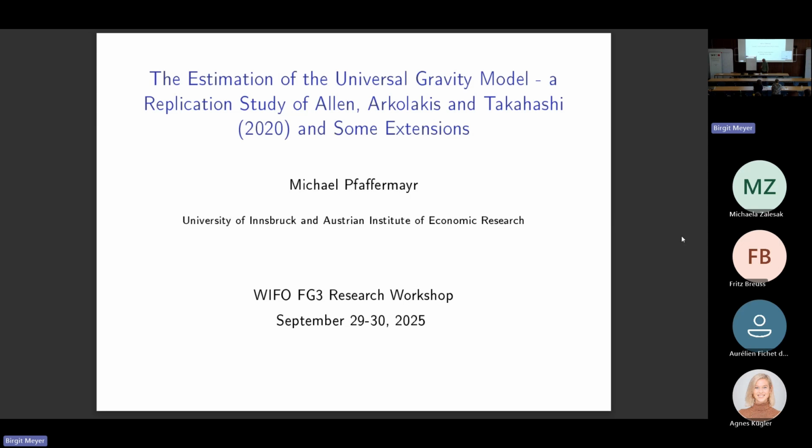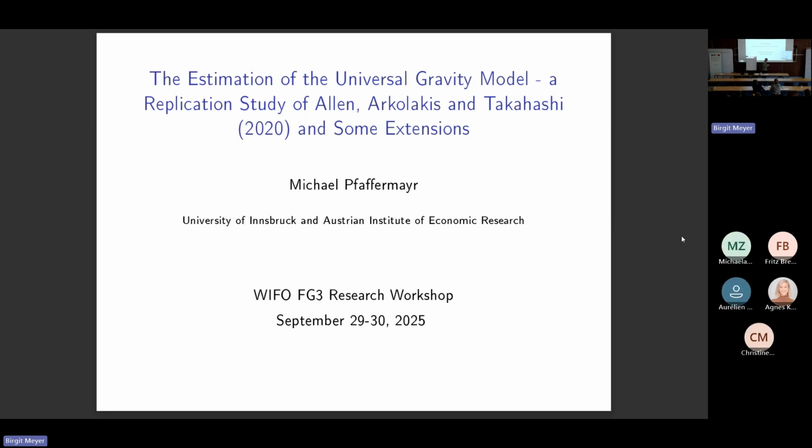Then I came across this paper, which is a very famous one, and it has two parts. One is writing down a gravity model that is very, very general, based on a few basic assumptions like CES demand and iceberg transportation costs and things like that. And they bring back a supply equation explicitly. So this is now a supply equation that they want to estimate.